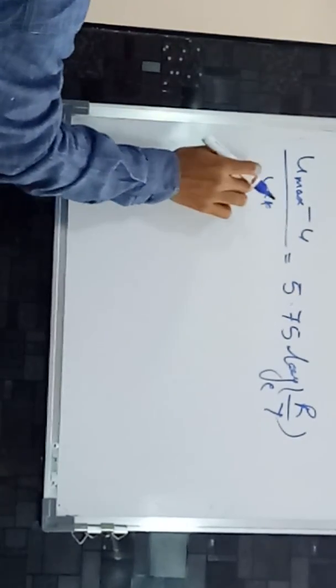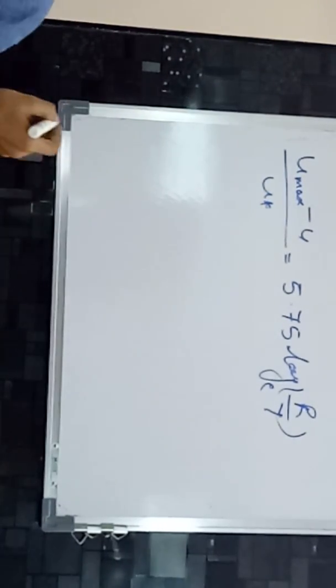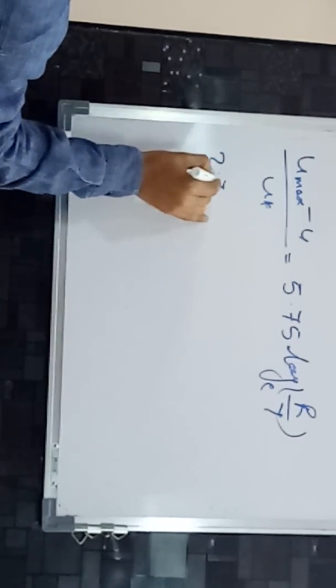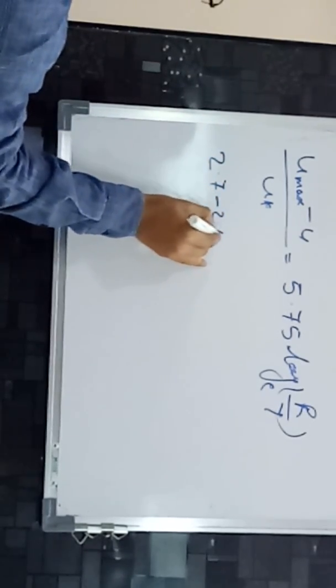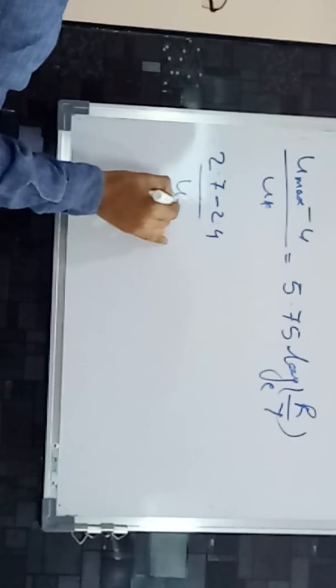Okay, this is the standard formula. Substitute all the values and find out the shear velocity. So now see here, 3.7 they have given minus 2.4. Shear velocity is what we require.